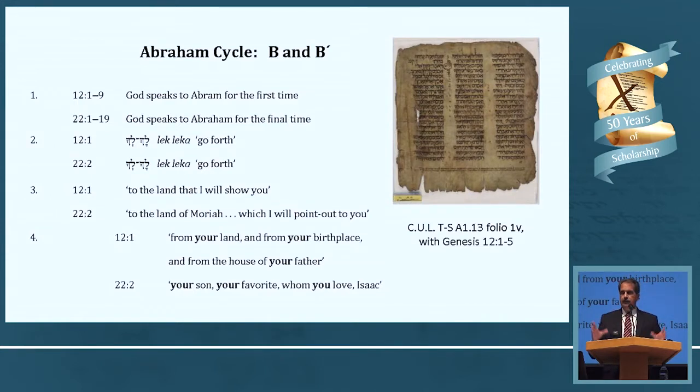Now, I was trying to figure out how do I do some visuals here. I love archaeology, and I'm always putting stuff up when I do that kind of work. I'm basically showing you words on the page, on the printed page, so I just want to take a moment here to remind ourselves that although we read the Bible in English translation, to be sure, in a printed book, and even in Hebrew in a printed book, these words reached us through the work of medieval scribes, ancient and medieval scribes.